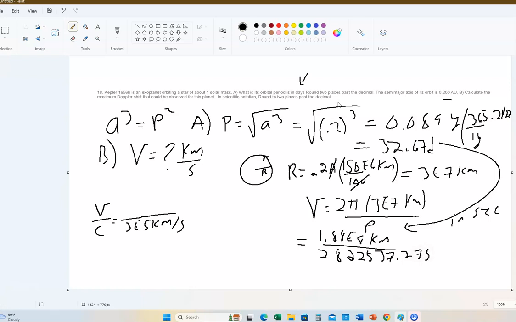We take the number that we have in the numerator, the 1.88 times 10 to the 8th, and divide it by that number, and that equals.